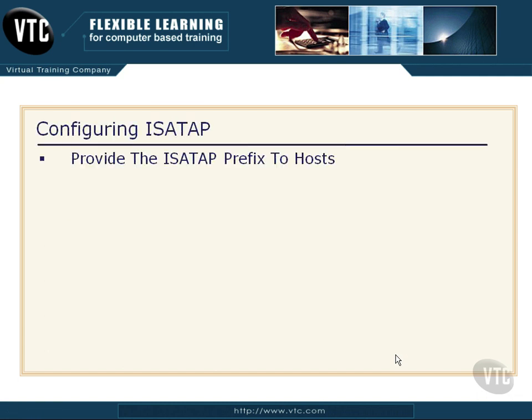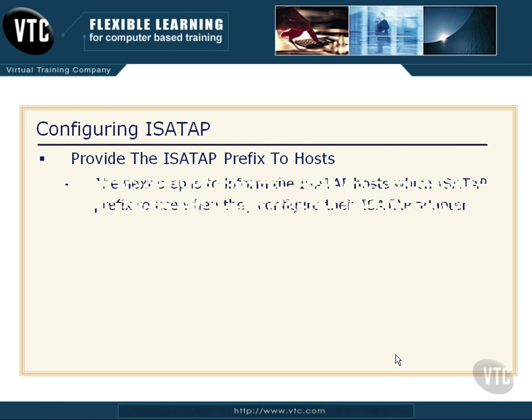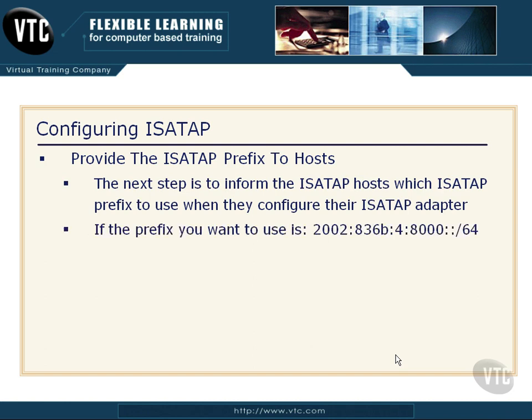Then our second command: we need to provide the ISATAP prefix to our hosts. This is to inform the ISATAP hosts which prefix to use when they configure their own ISATAP adapter.